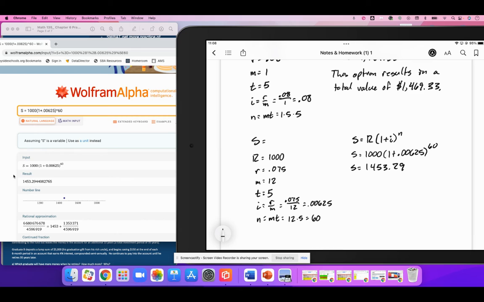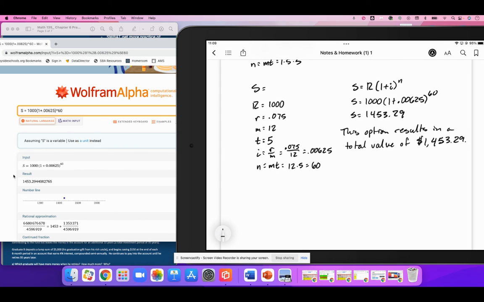So it looks like these two options are almost going to be identical. The first one, with a slightly higher interest rate compounded annually, beats this one by about $13. And so this option results in a total value of $1,453.29.